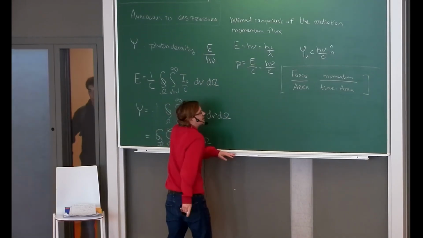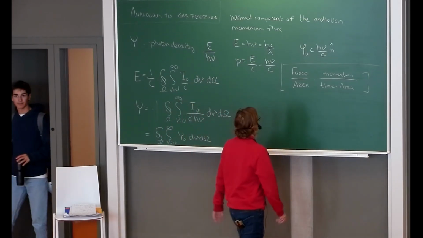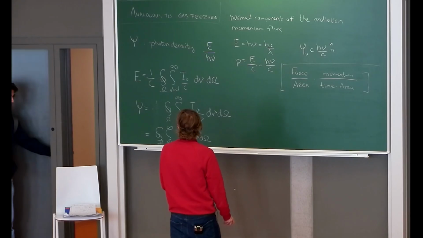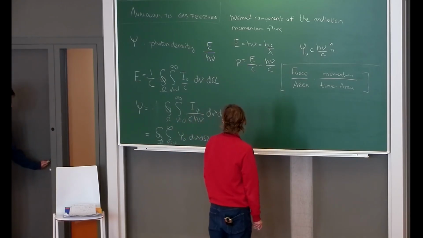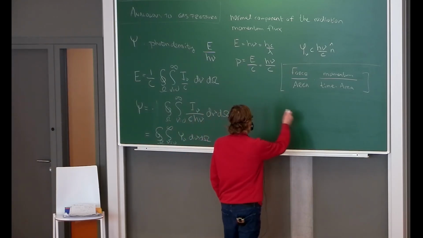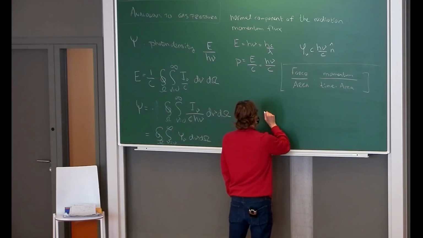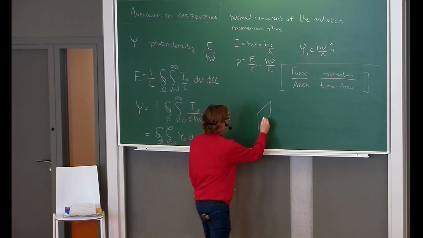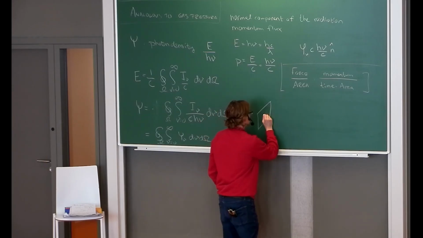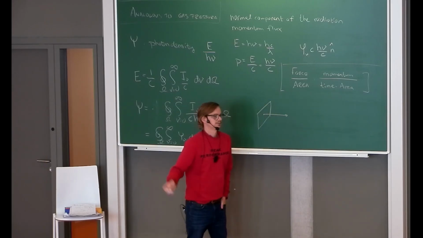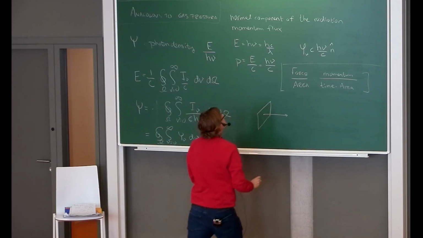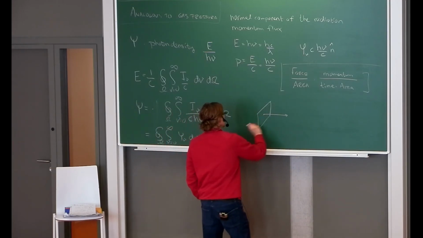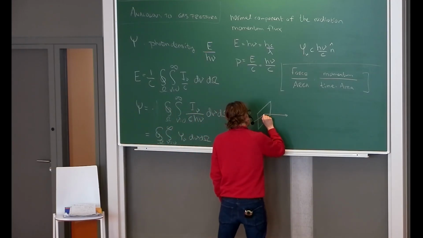Again, we have to specify a direction in which this goes. So you can have an area here, say, with some normal, and then you can have this momentum flux acting in a different direction.